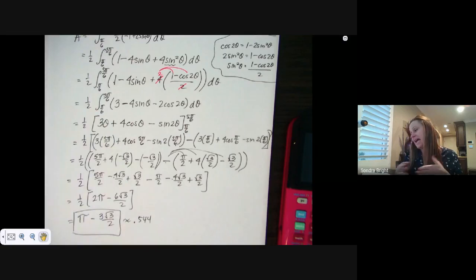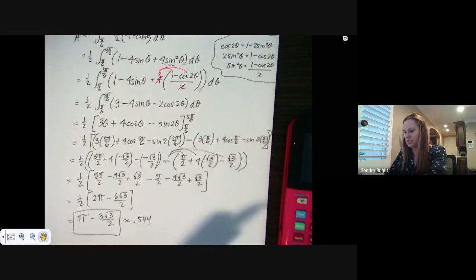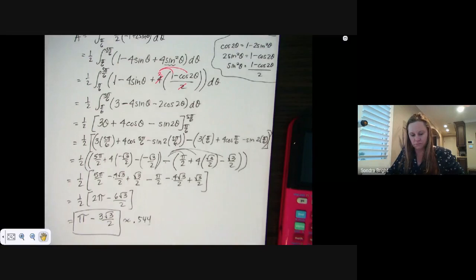You could have found just half of that little inner loop and then times it by 2. Lots of different ways of doing these. So if you get a slightly different exact answer, you can always double check it by the decimal approximation. You also have your graphing calculators too, so you can check the decimal approximation that way as well.